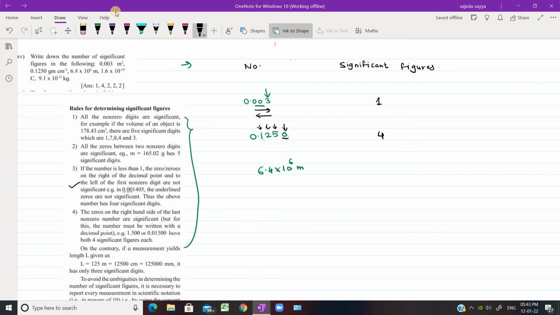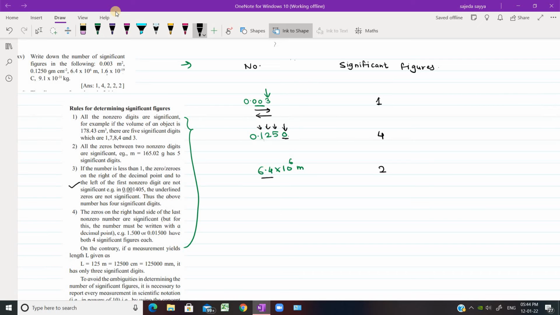There is a fashion to express a number in terms of a power of 10, either positive or negative. Then the non-zero digits are taken as significant. So here 6 and 4 are significant figures, and the order of magnitude of this number is 6.